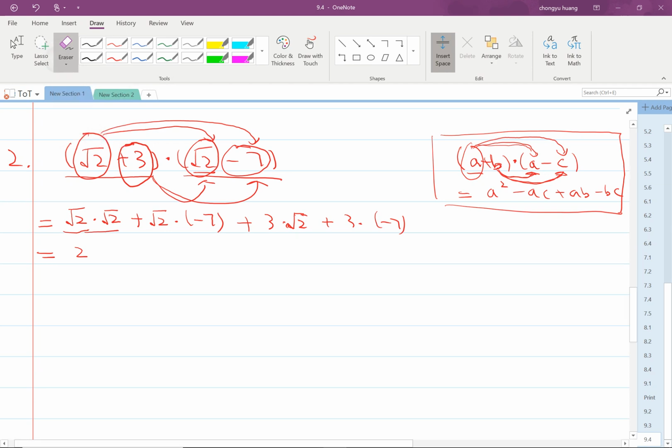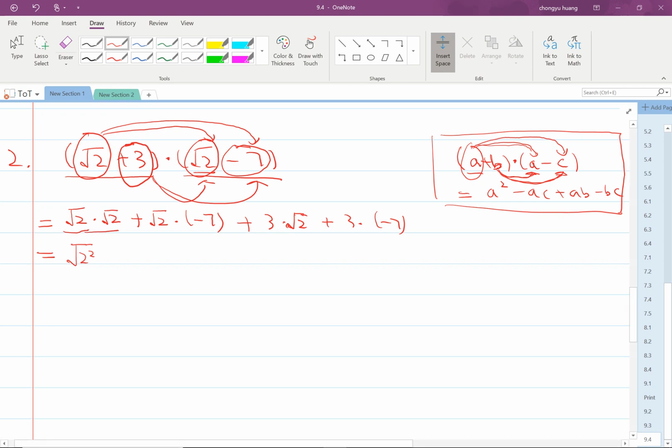Let me show this step by step, since some people might get confused. What you have here is the square root of 2 to the power 2.